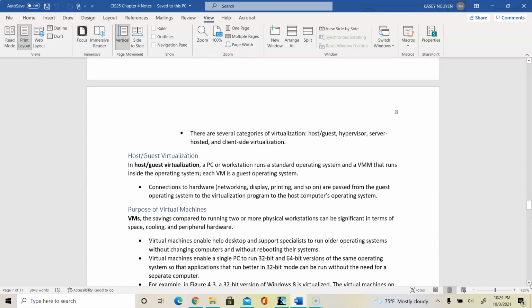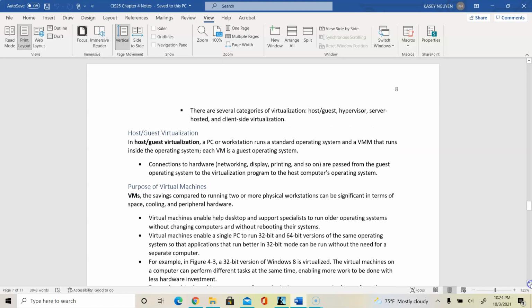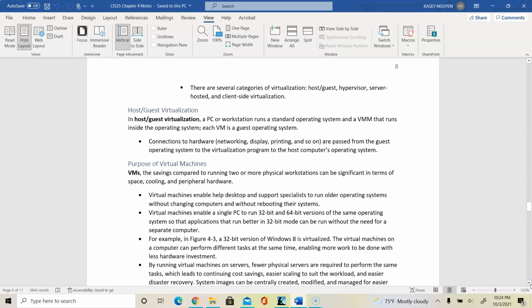So there are different categories of virtualization. You have host and guest, hypervisor, server hosted, and client-side virtualization. So for the host and the guest, the PC or the workstation would run a standard OS, and that runs inside the operating system, where each virtual machine is a guest of the host system.